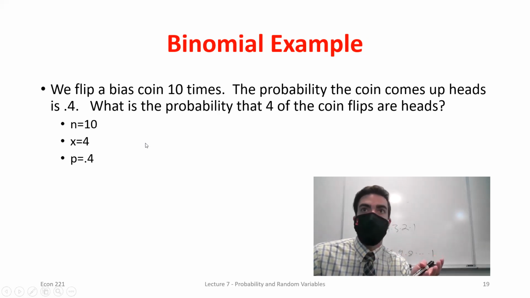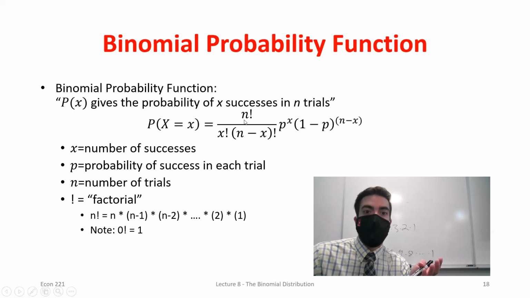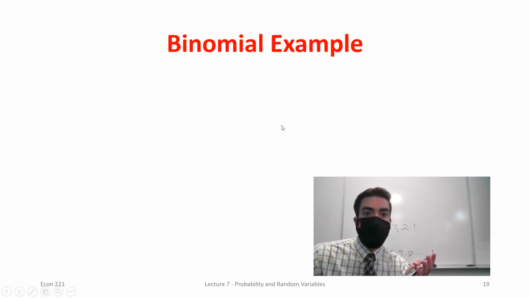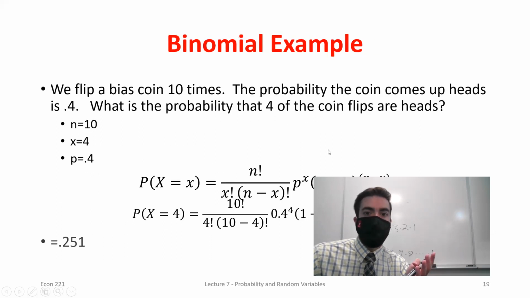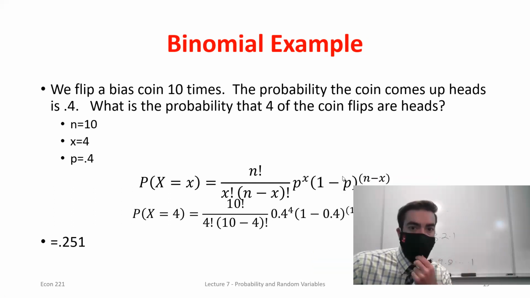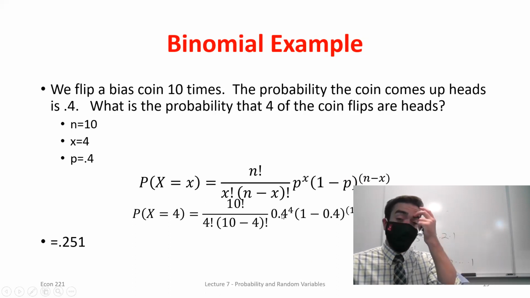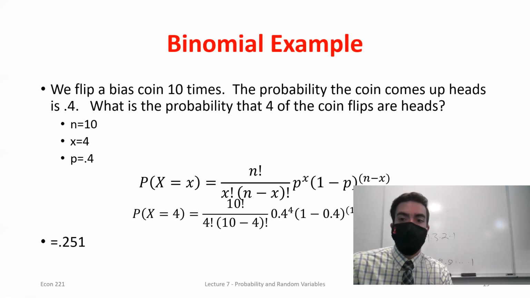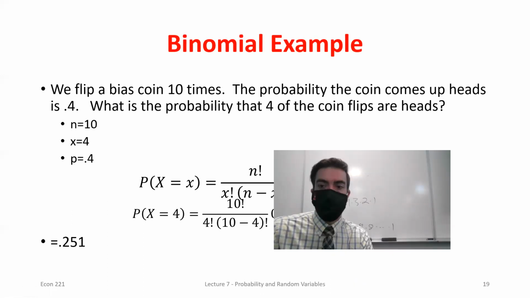From here, it's really just a matter of plugging things into this formula. We've got 3 components. Everywhere there's an N, we plug in a 10. Everywhere there's an X, a 4. And everywhere there's a P, 0.4. So we go ahead and do that. Now it's just a matter of entering this into my calculator. How I would usually do this is break it down into components.